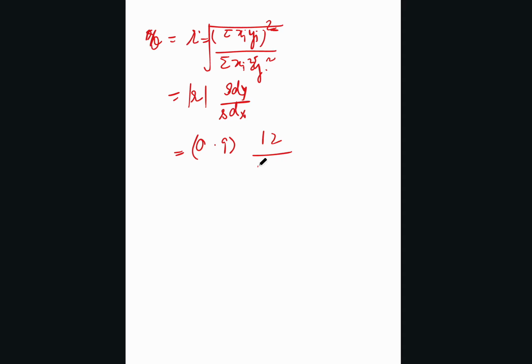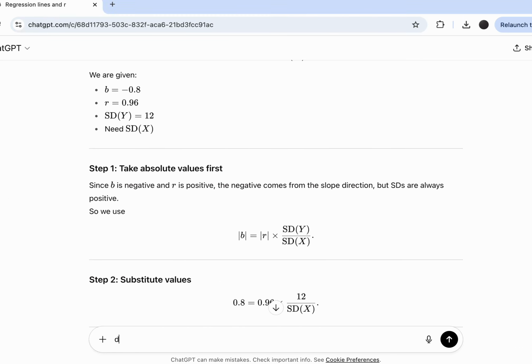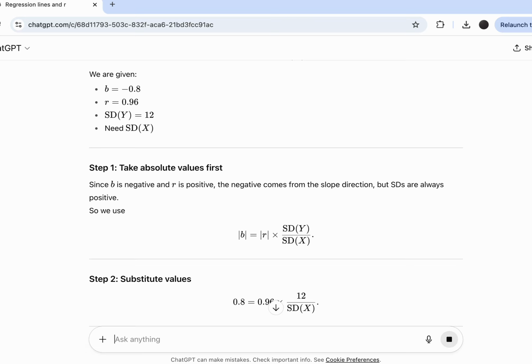I want to derive the formula. I will do it in some other video. Don't worry. We will come to this. Wait. Let's ask it. Derive the formula.